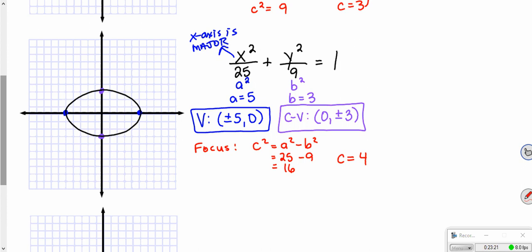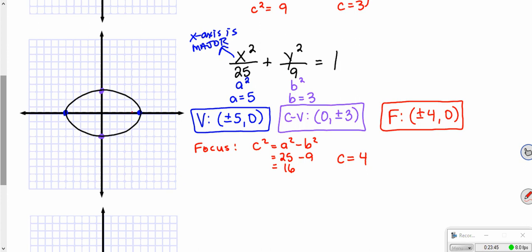So this tells me then that my foci points, and again, your focus is always on your major axis. So my foci are going to be plus or minus 4, comma 0. Again, got to be on the x-axis.